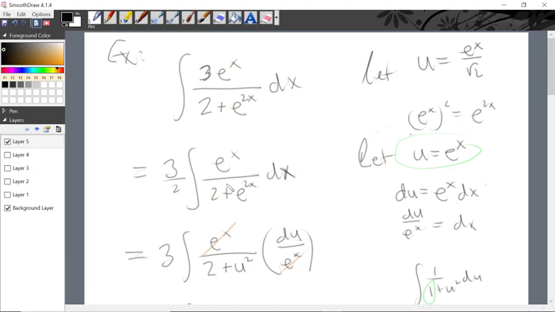Recognizing the form of this as it looks like something over something plus something squared. It looks reminiscent of an arctangent function, possibly. Right? And so we proceeded along that path. If it was for an arctangent function, the denominator must start with a 1, or one of the two terms must be a 1.